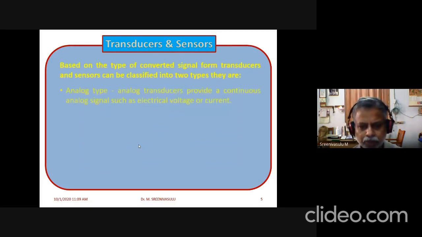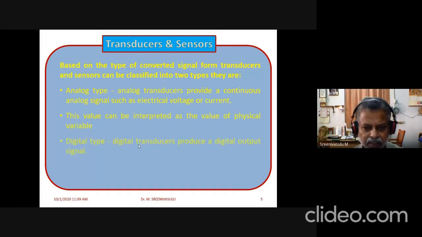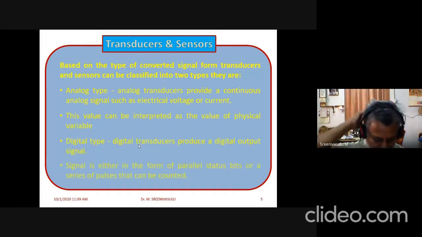Based on the type of converted signal, transducers and sensors can be broadly classified into two groups: analog type and digital type. Analog type and digital type, the way in which the output is going to be visualized. If that has been got in the form of analog, that is going to be referred under analog.